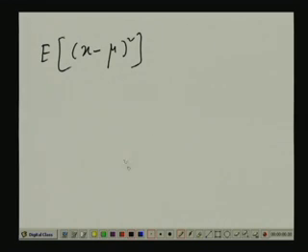We know that x bar is 1 by n summation x I, I equal to 1 to n, right.